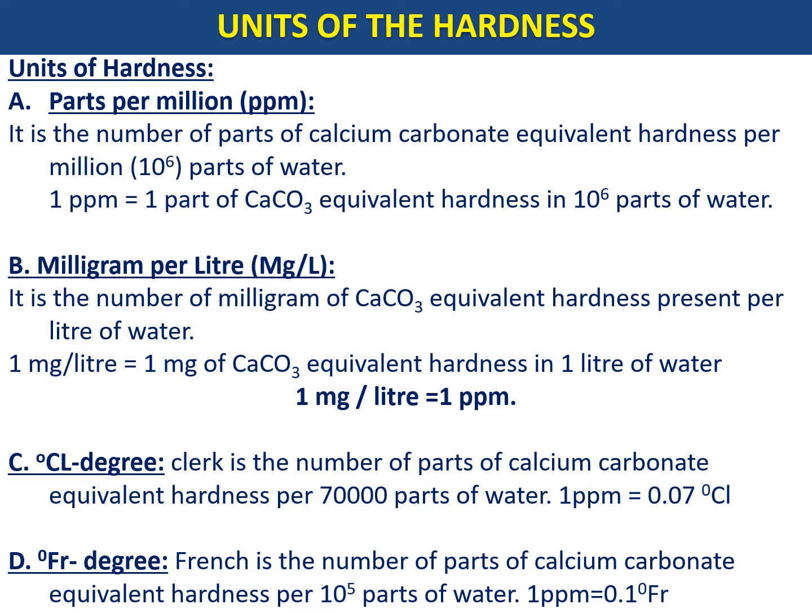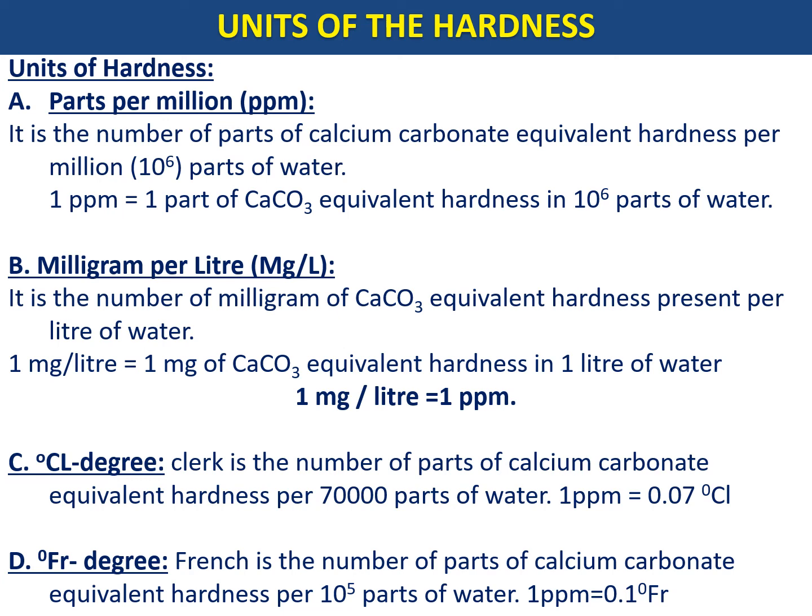Next one is the Clark degree unit. A Clark degree means 1 part of CaCO3 equivalent hardness present in 70,000 parts of water. So 1 ppm is equal to 0.07 Clark degree. Here ppm means 1 part present in 10 lakh parts, and Clark degree means 1 part present in 70,000 parts.